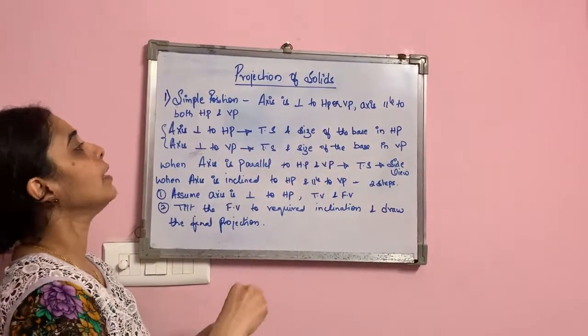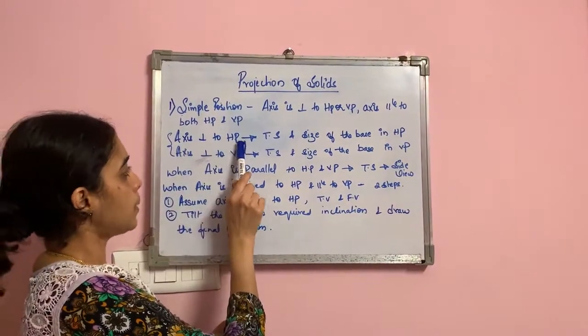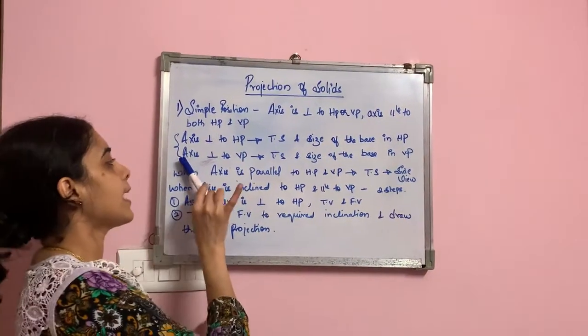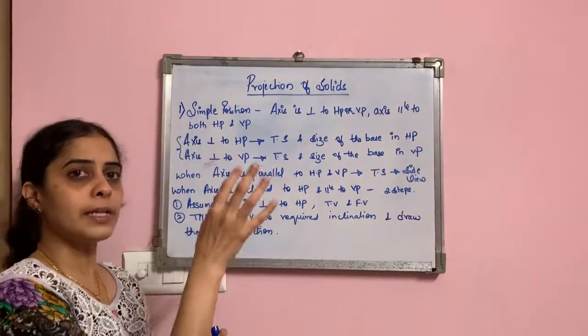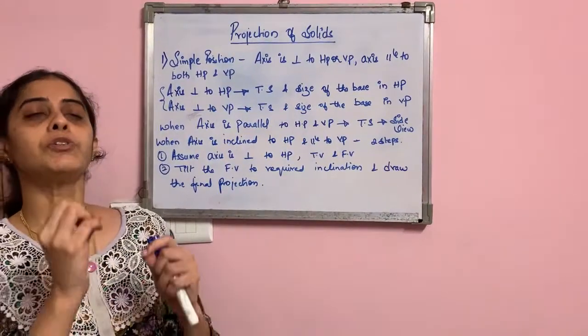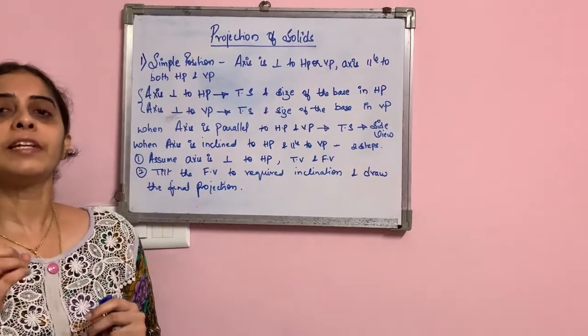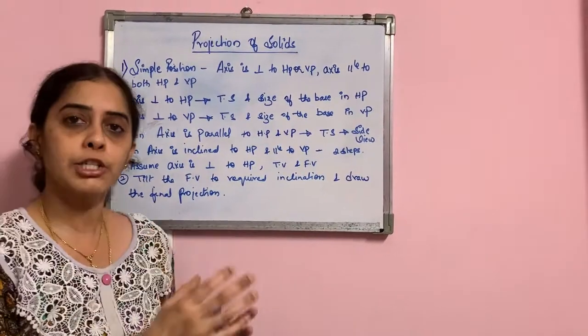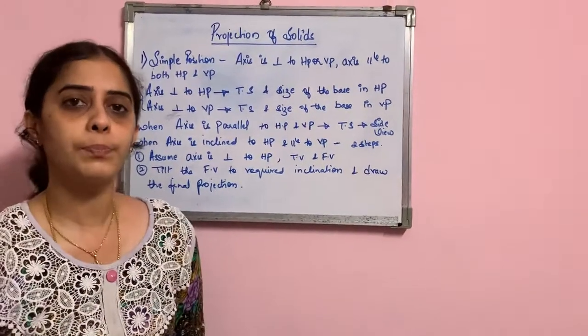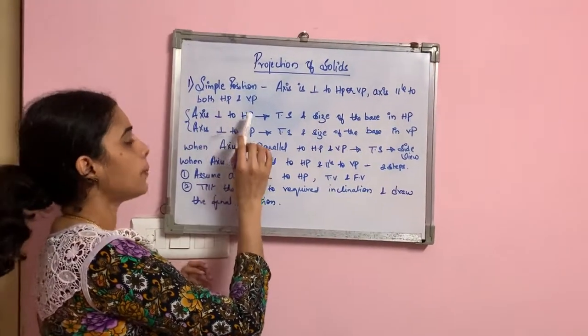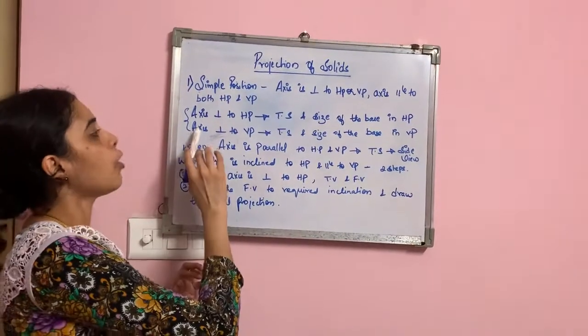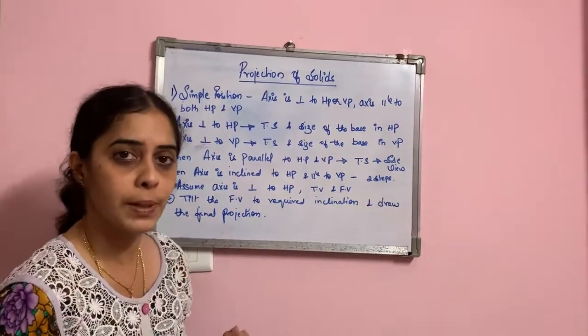So it could be the axis either perpendicular to HP or the axis perpendicular to VP. It is similar to projection of planes, where we used to identify whether the given lamina is resting on HP or on VP. Similarly here, the position could be either perpendicular to our HP plane or perpendicular to our VP plane.